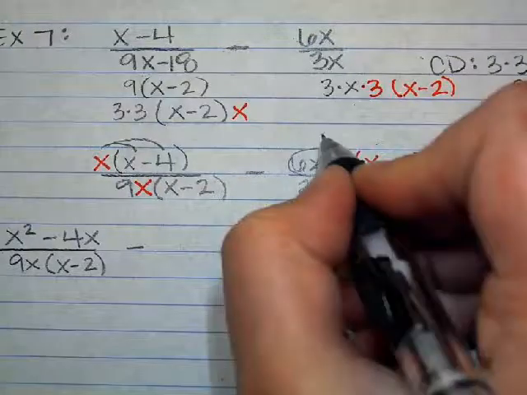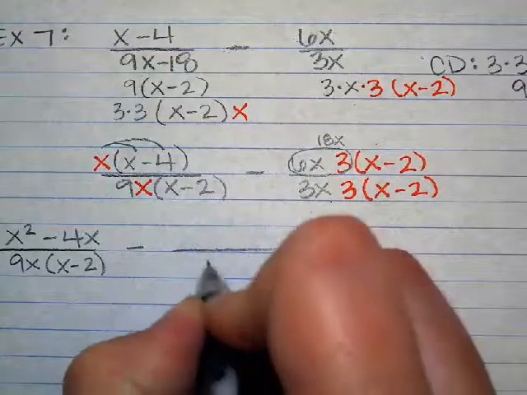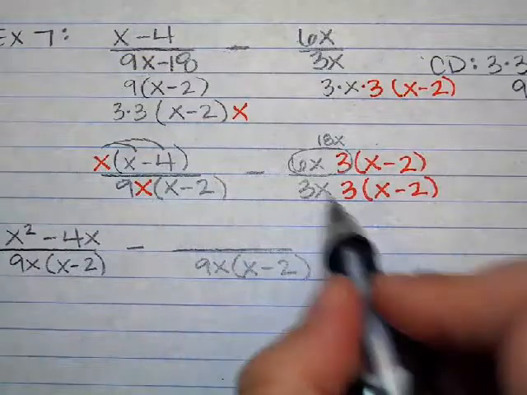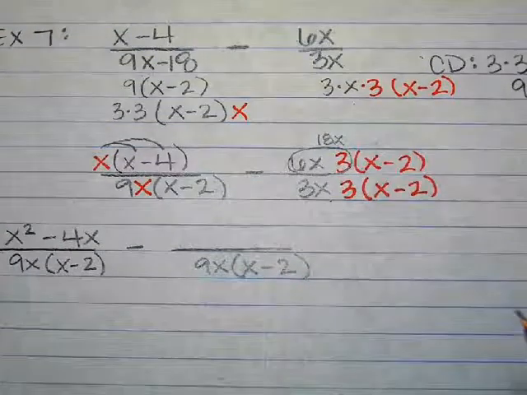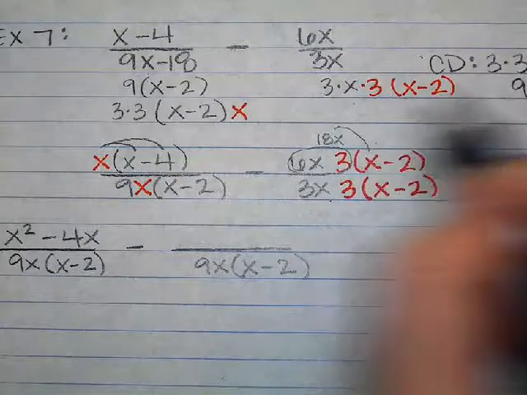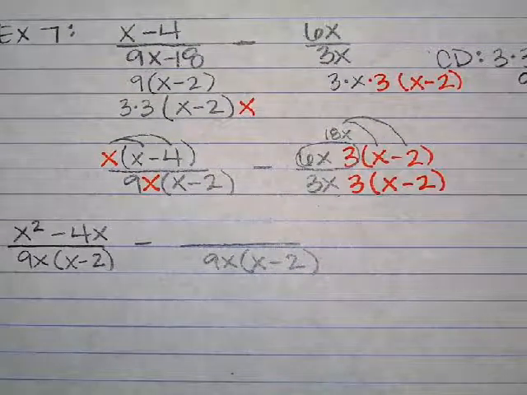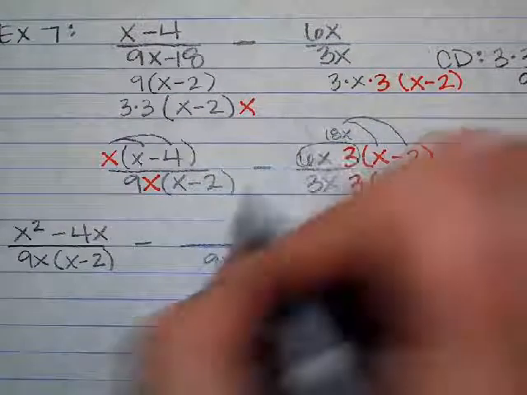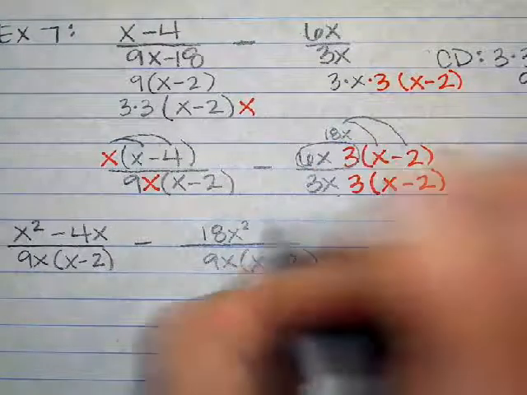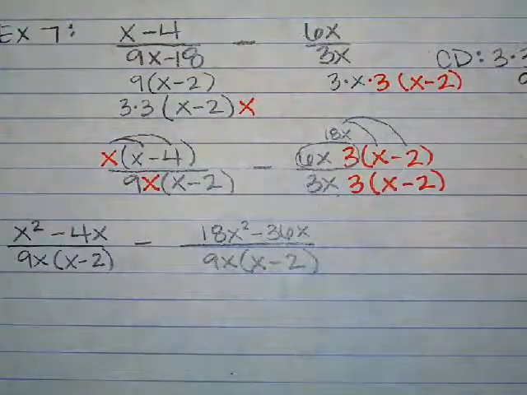Okay, I've got 18x. Okay, and then here I've got x, the x minus 2. Alright, so when I do 18x times x and times negative 2, what do I get? Okay.